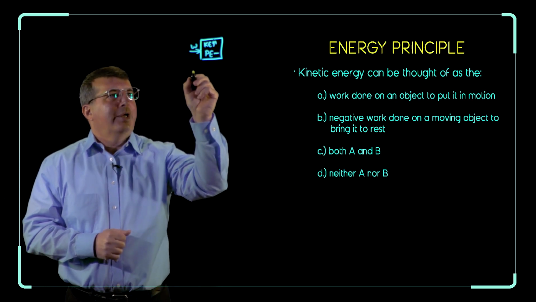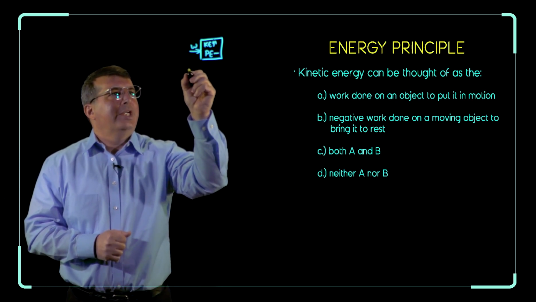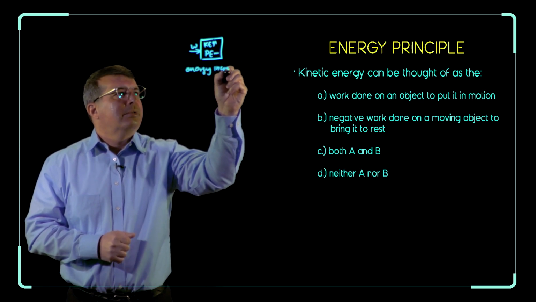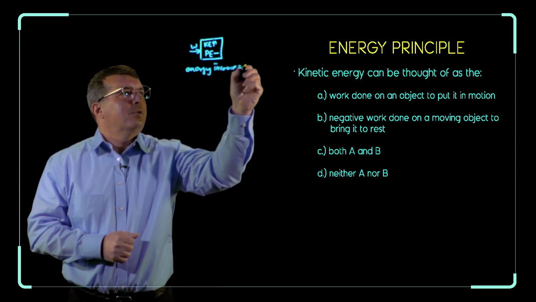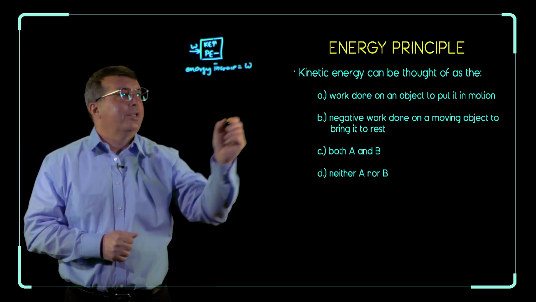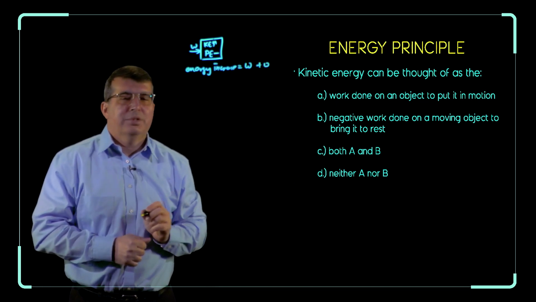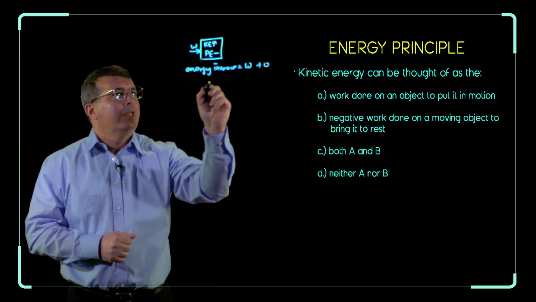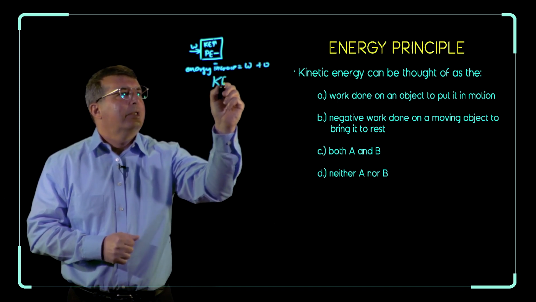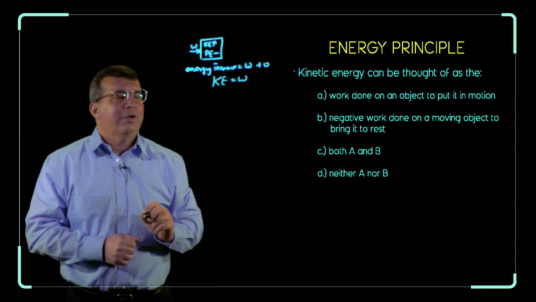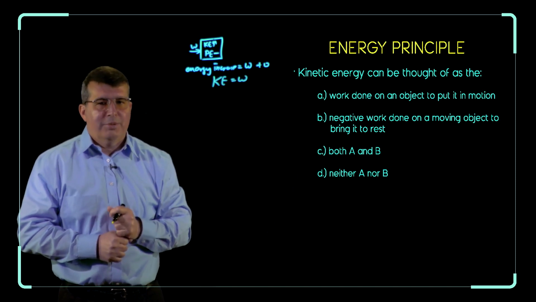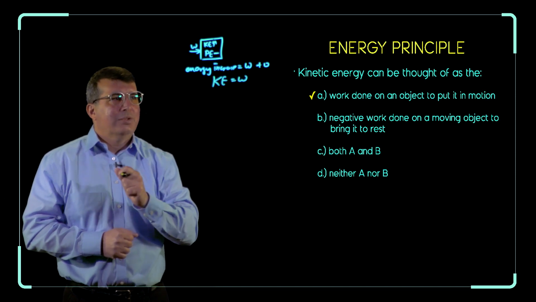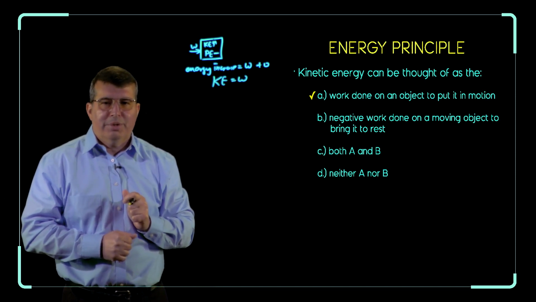So we look at our energy diagram: energy increase is equal to the work plus energy decrease, but there's no energy decrease. So the energy increase is kinetic energy. So the kinetic energy is the work done to put the object in motion.